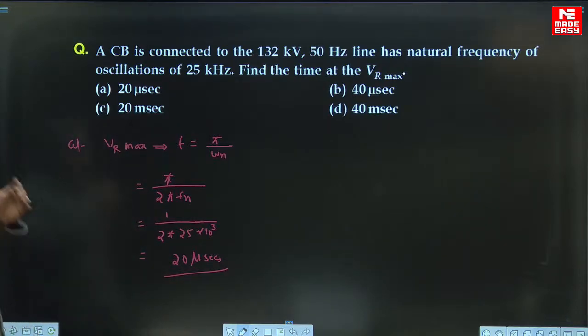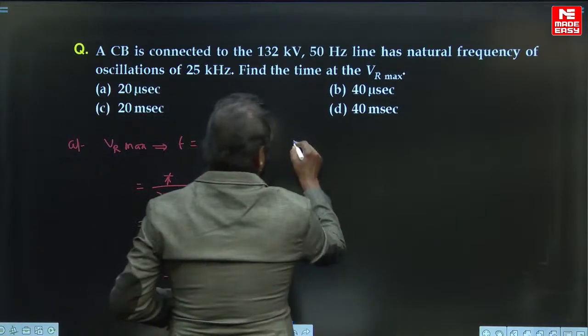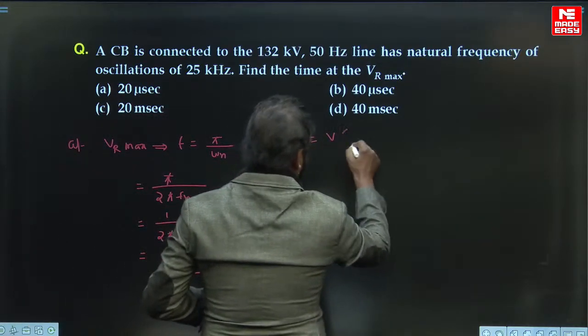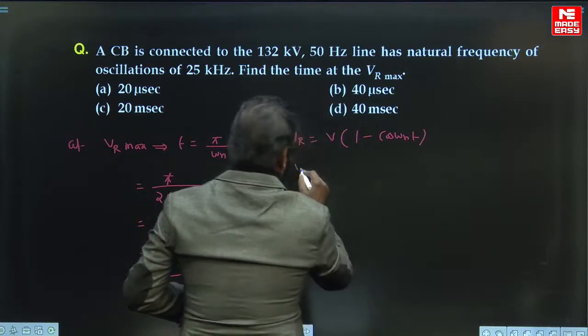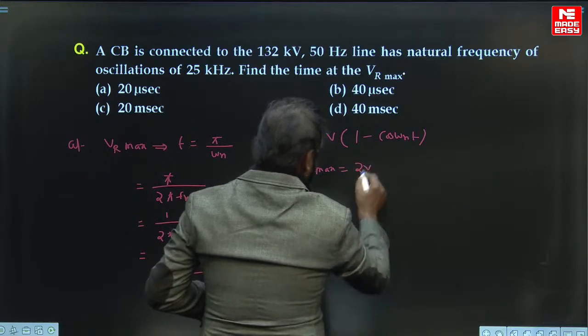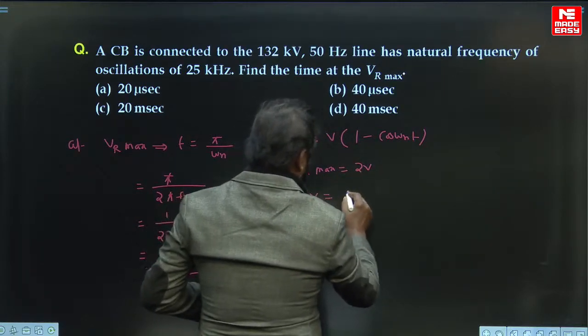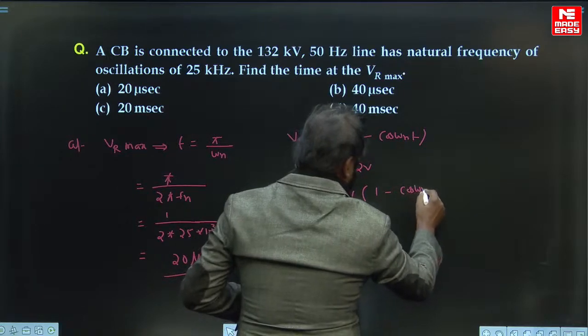Okay, simple question. The derivation that you have to make: VR is equal to V into 1 minus cos omega n T. VR max is equal to 2V. So 2V equals V into 1 minus cos omega n T.